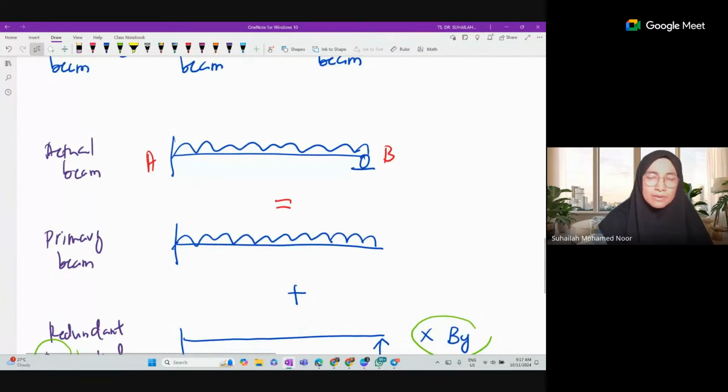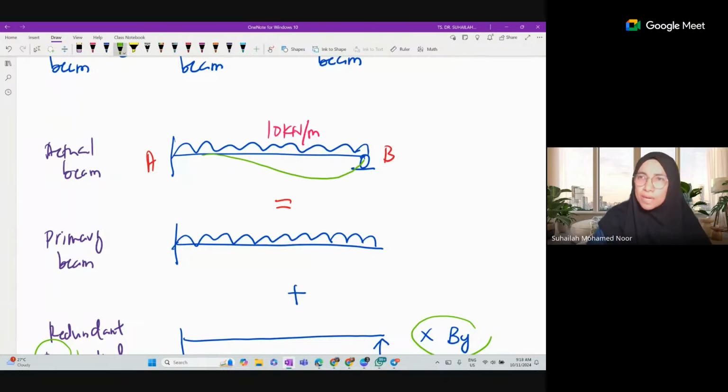So looking at the first one, the actual beam subjected to this 10 kilonewton per meter UDL. How is the displacement or deflected shape of this beam? Fixed, roller. Here is fixed, this is roller. How does the deflection look like? This is fixed, so like this.